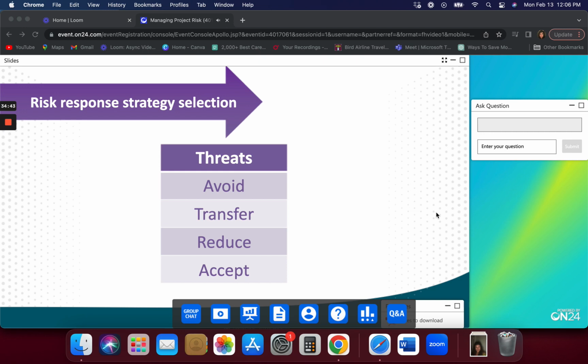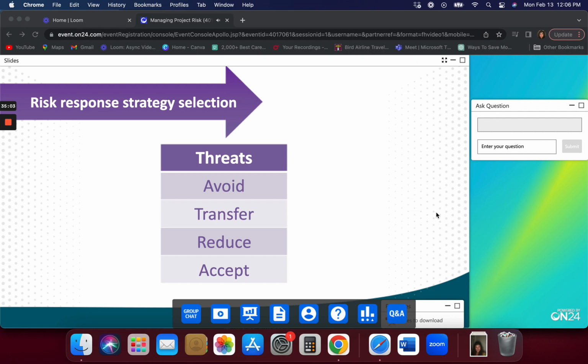Transfer means let somebody else come in and handle it, partially or completely. So we have to be a little bit careful with this one, but I'll give you some examples in a moment. It's easy to think we can transfer a risk, but actually you can't. I'll give you an example.